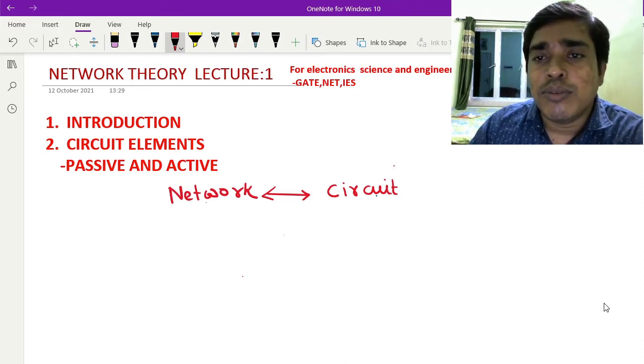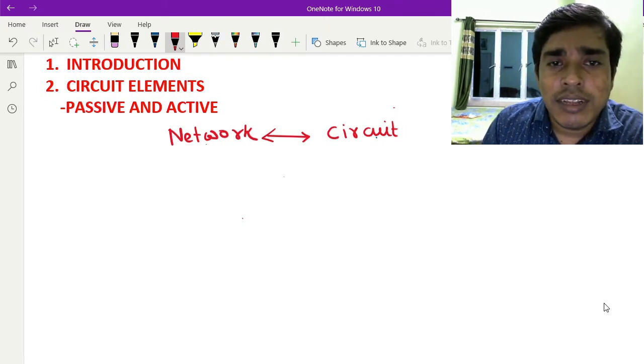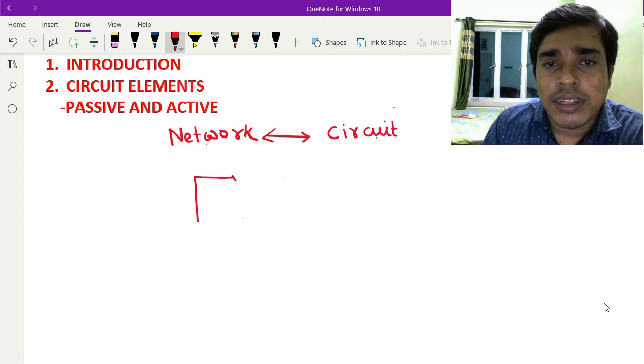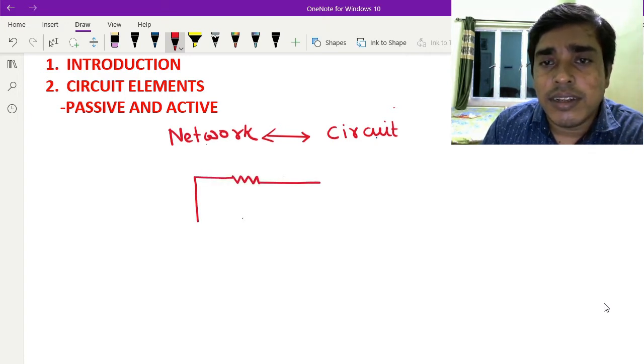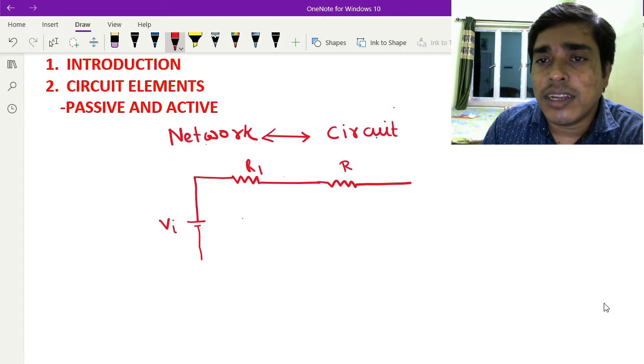If I draw a circuit, a diagram, suppose this is one resistance, this is another resistance, and suppose this is a source Vi. This is called R1, this is R2.